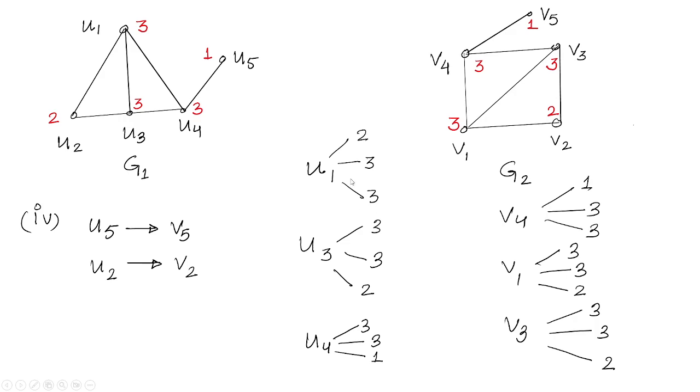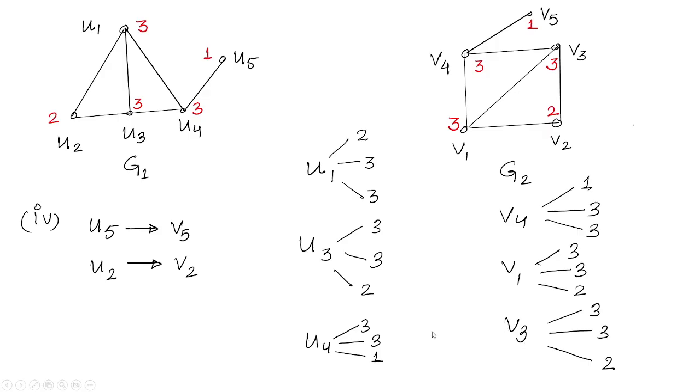Now U1 can be mapped only to that vertex in graph G2 for which the adjacent vertices are having these degrees, 2, 3, 3. So one is V1, another one is V3. We can map U1 to either V1 or V3.